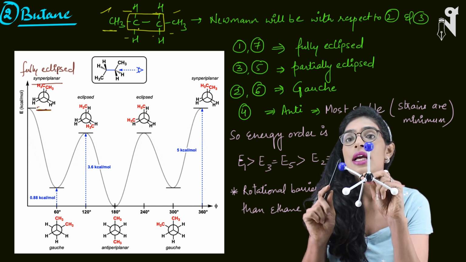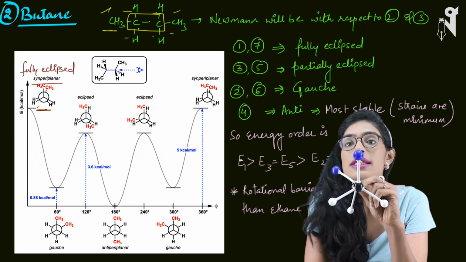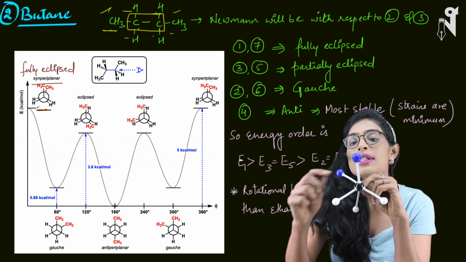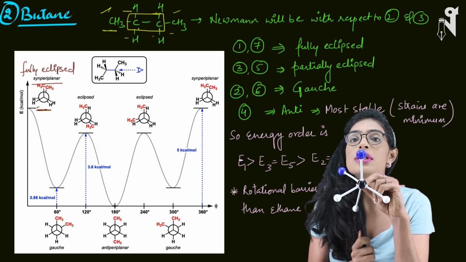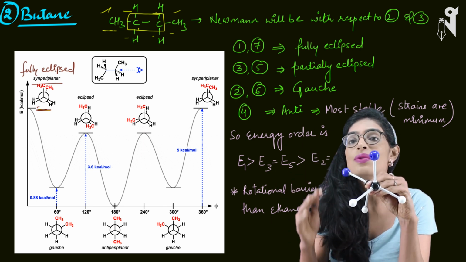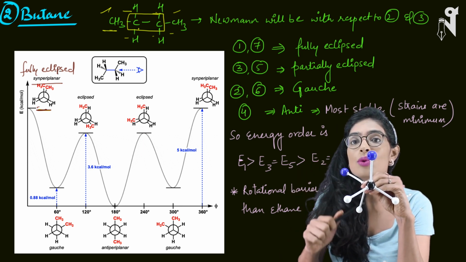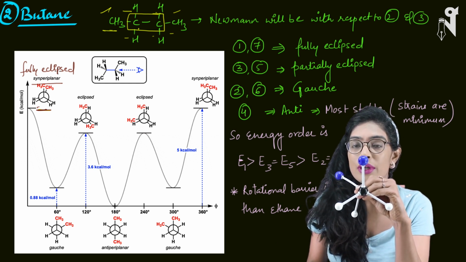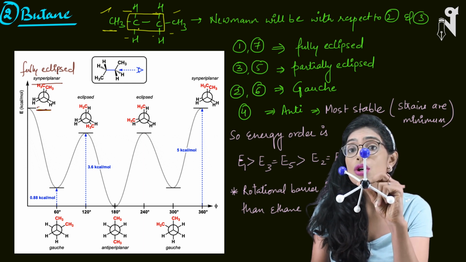CH3 is just 60 degrees apart, so this is not called staggered. In ethane we called it staggered because all three groups were the same, all hydrogens, and hydrogen was completely opposite, so there was no gauche form. Gauche is when you don't have exactly the same groups in the exact opposite direction. So this kind of representation is called gauche or skew.